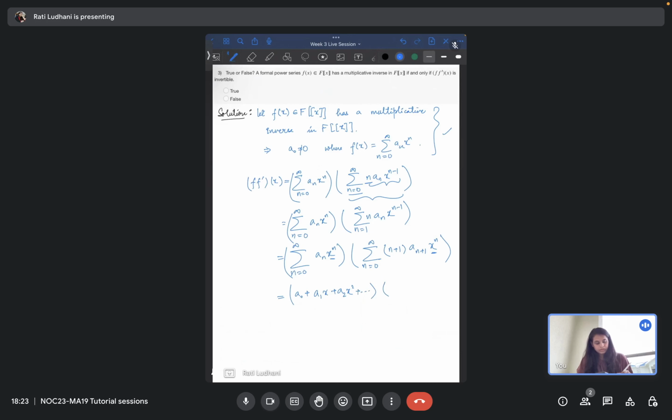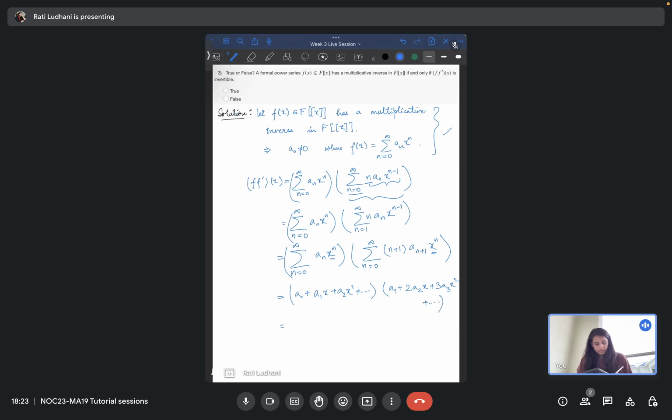Here you will get a1 plus a2x square, here you will get 2a2x plus 3a3x square plus up to and so on.